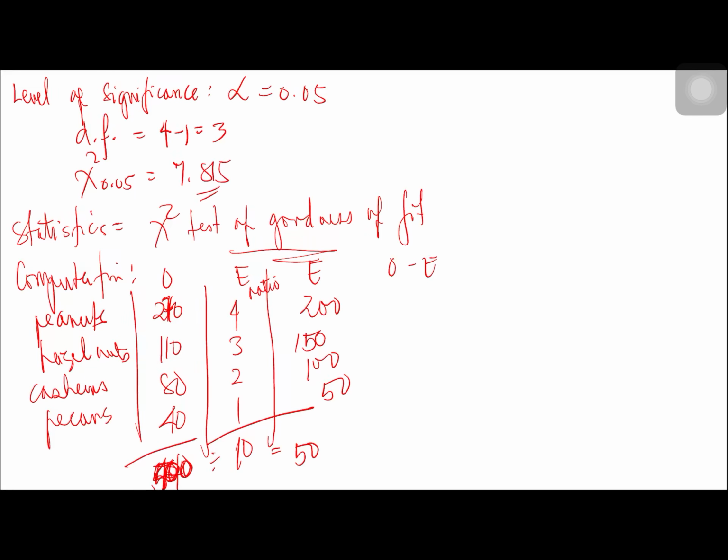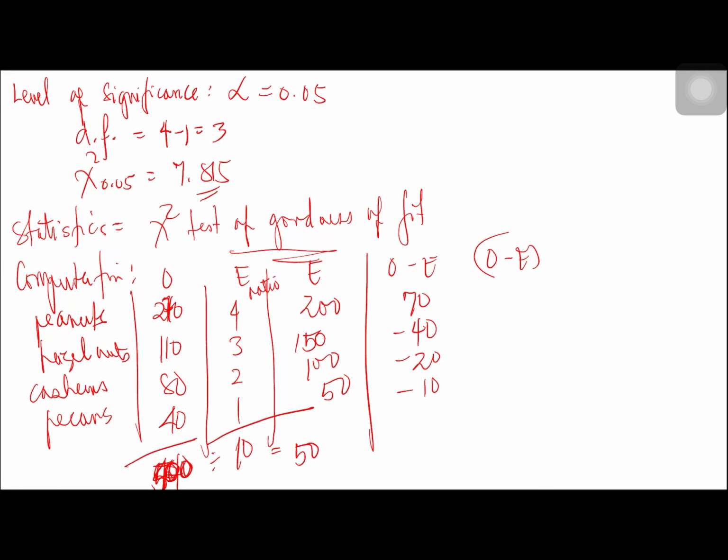So again, we get the difference between the observed and the expected. We have 270 minus 200 is 70. We have 110 minus 150 is negative 40. We have 80 minus 100 is negative 20. And 40 minus 50 is negative 10.